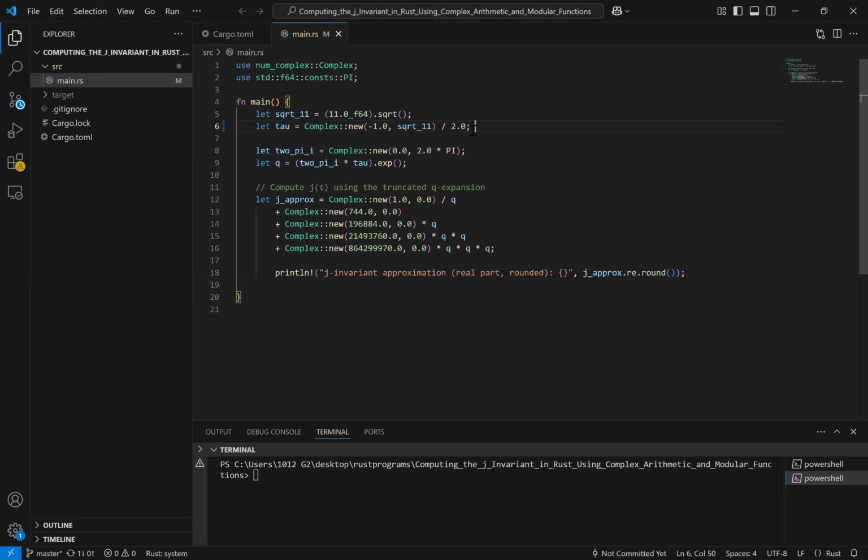So this is just the formula I've written here. But I have told it it's complex, because the square root of negative 11 gives you a complex number. Because of that, you have to import num complex just to assist you with the square root of a negative number.